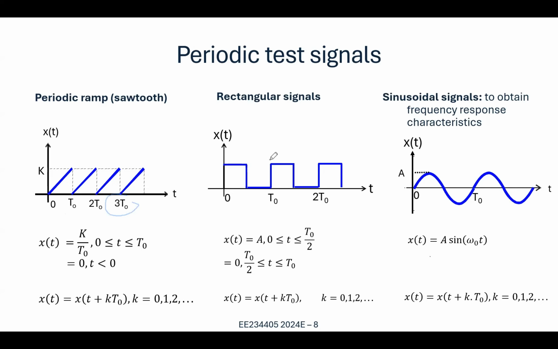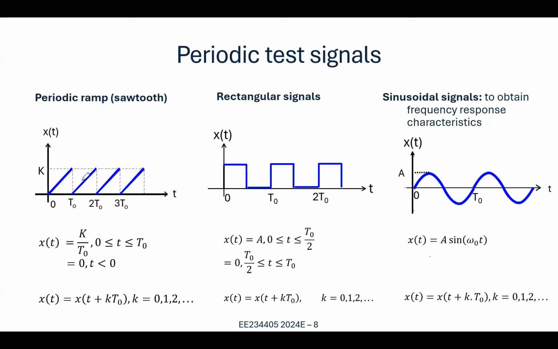And at every period here, they start anew. So this is the main characteristic of the periodic test signal, that they have several same parts that are repeated over and over again.